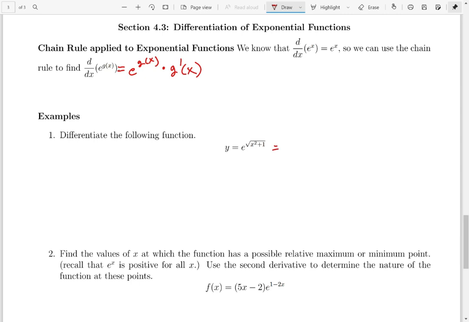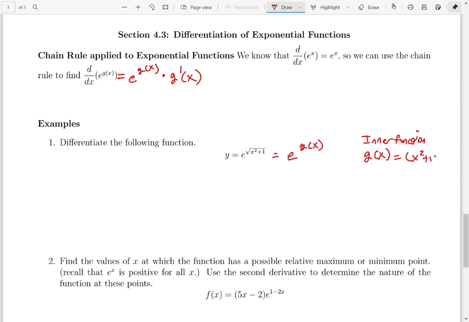Alright, it can be helpful to recognize that this is really e raised to some g of x, where g of x is our inner function, and g of x is x squared plus 1 raised to the 1/2 power.